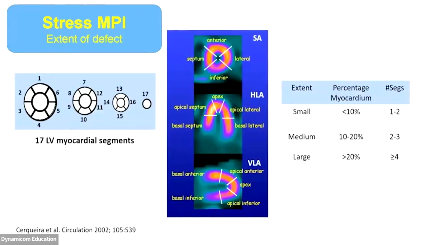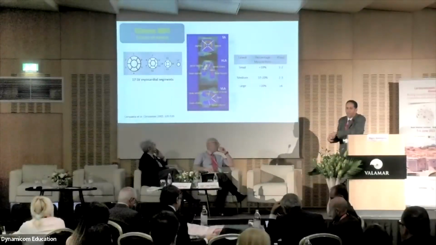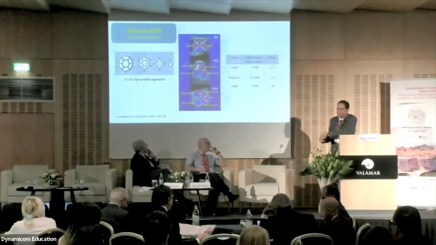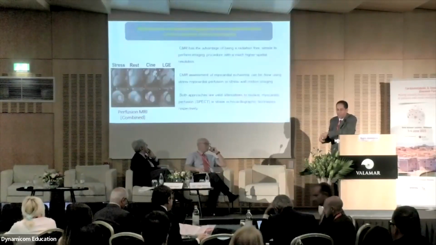So according to this slide, which shows these different segments analyzed in the myocardial perfusion imaging with different images, if we have a small defect in one or two segments, this indicates myocardial ischemia less than 10%, while 10 to 20% in 2 or 3 segments indicates a medium risk. The high-risk patients have a large area of reversible ischemia, more than 20%.